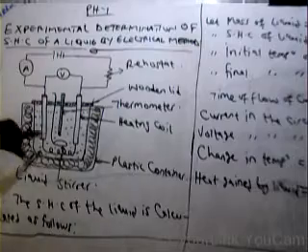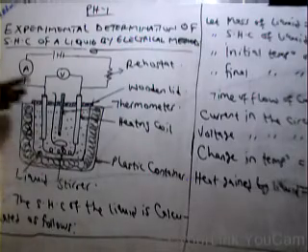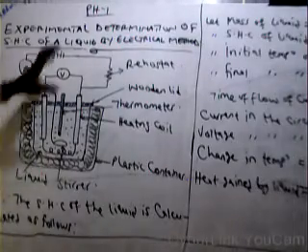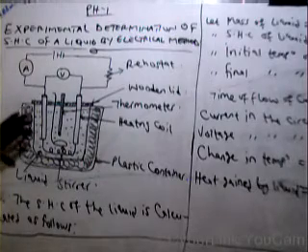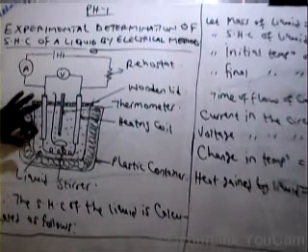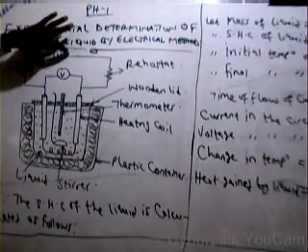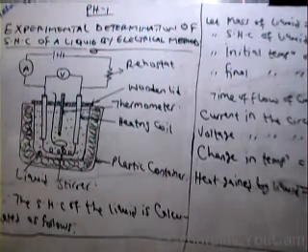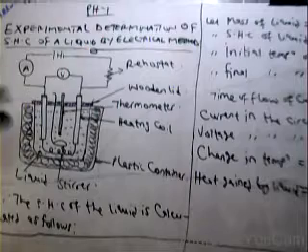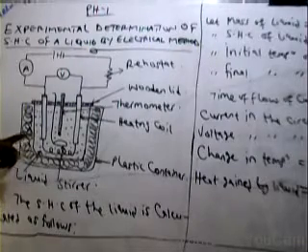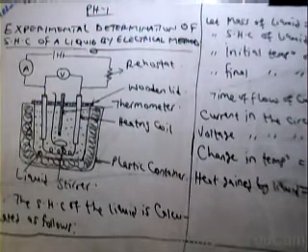The liquid inside this plastic container. Which means at the end of the whole process, the total heat lost by this electrical heater from the electrical mains or source, either direct or alternating current, must be equal to the total heat gained by what? By the liquid inside this plastic container.